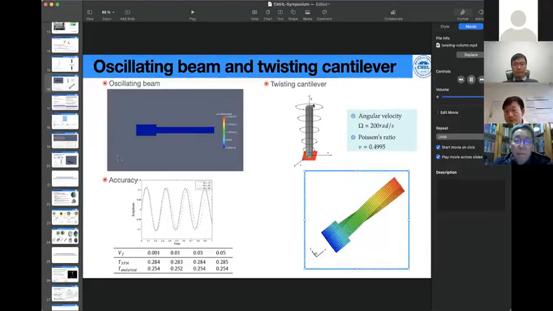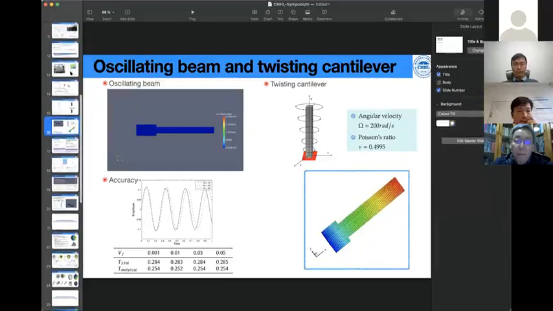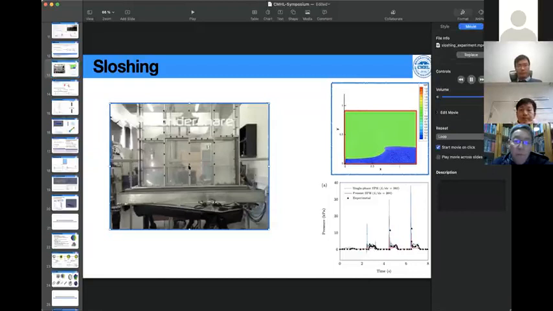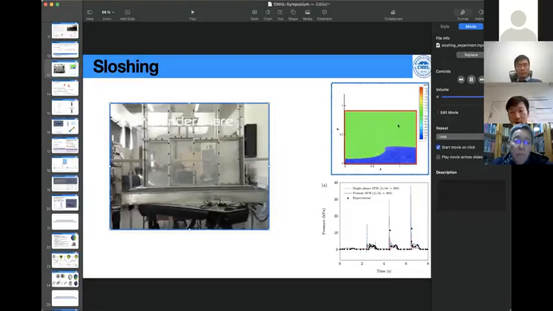I understand. Another one is the sloshing or damper case. In that case, how do the fluid particles interact with the solid walls? I mean, how do you define the velocities and the forces around the wall? There is a difference between the experiment and the simulation.